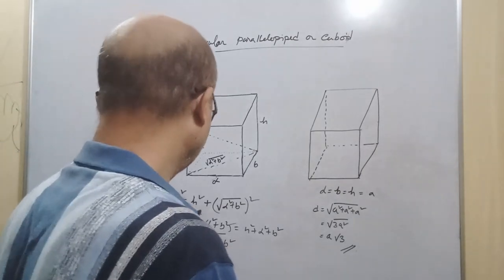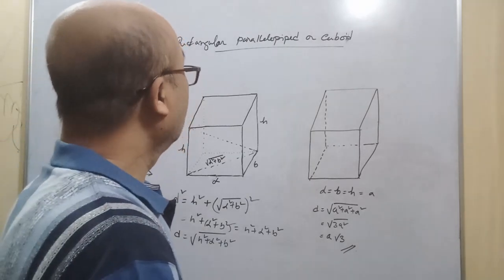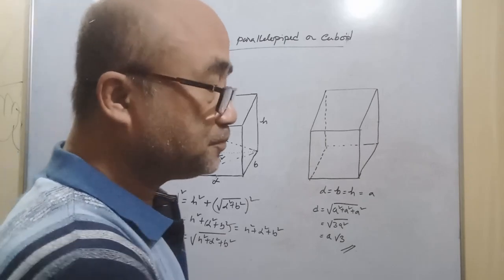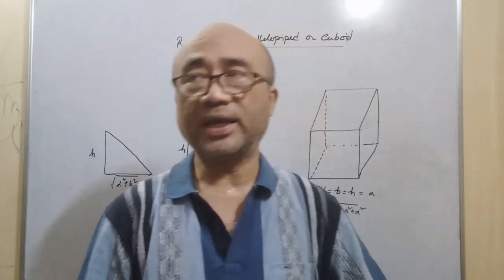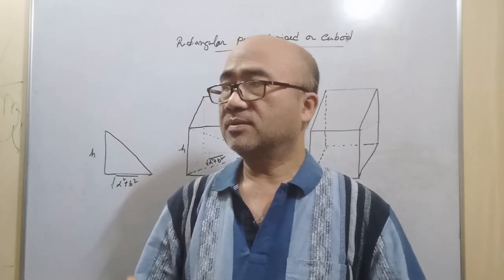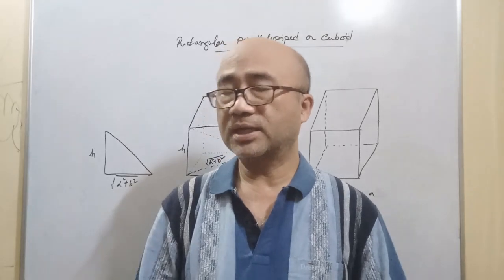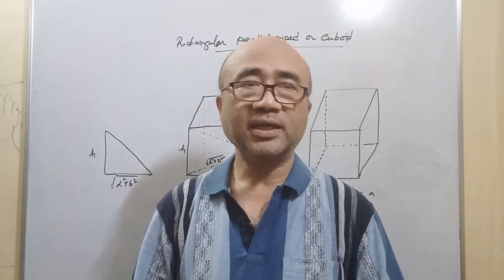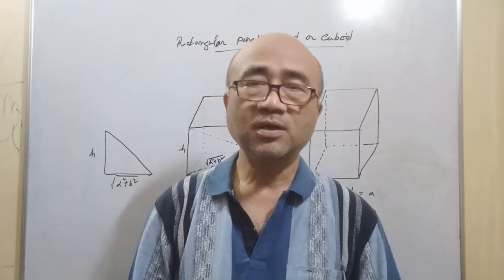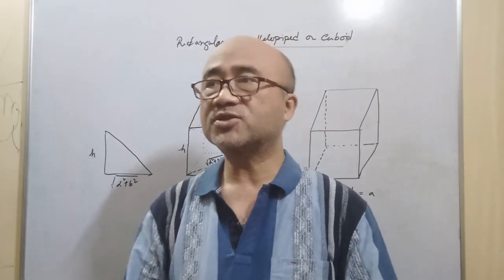Okay, and can you tell me how we find the maximum length of a straight line that can be drawn inside a cuboid shape or a rectangular parallelepiped? What is the maximum length of a straight line?